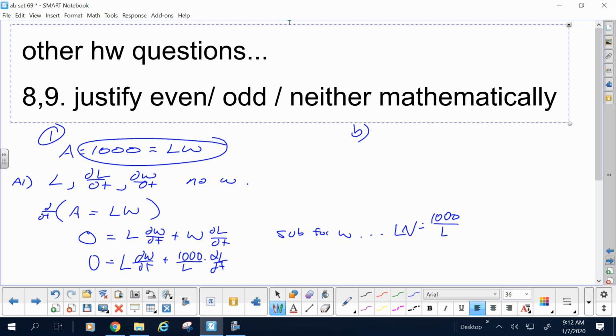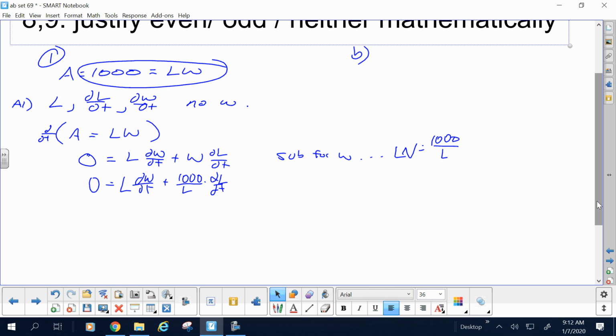Very cool. And then part B: find the length of the rectangle when its width is decreasing at 1 meter per second and its length is increasing at 10 meters per second. Now that you have part A, that'll be a little easier. If the width is decreasing at 1 meter per second, then that's dW/dt and it's negative.